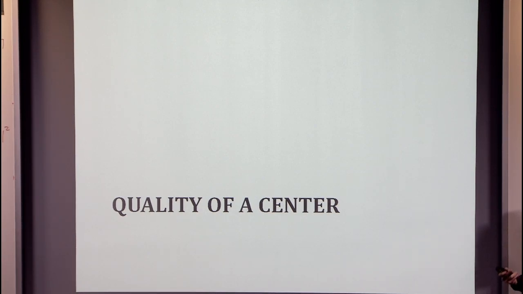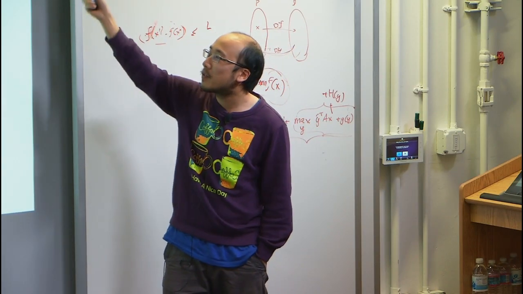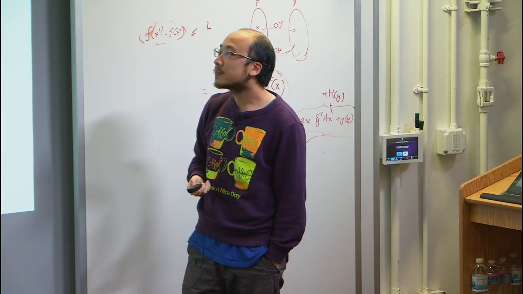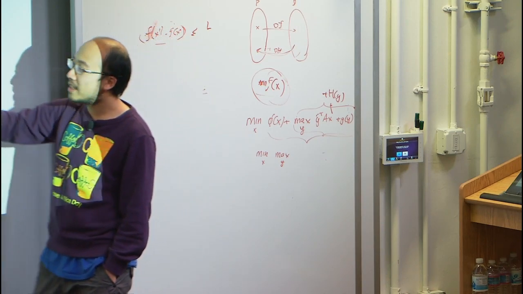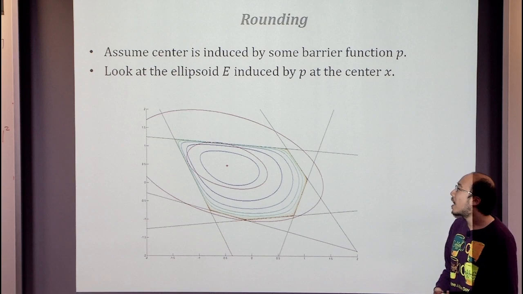So we now have a center. Then what does the center allow us to do, to push the constraint as much as possible? It turns out the key property is about rounding. From now on, I will always assume the center is induced by a barrier function p. And this is the center, the minimum point of the function p.